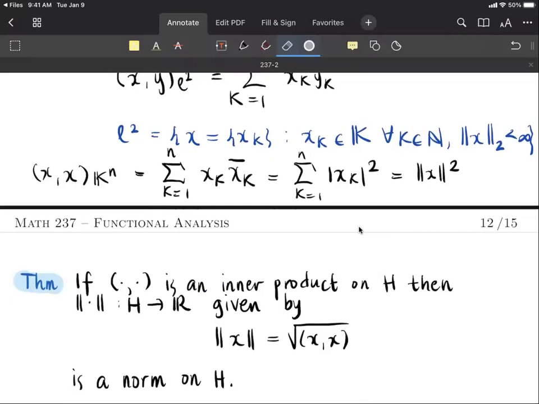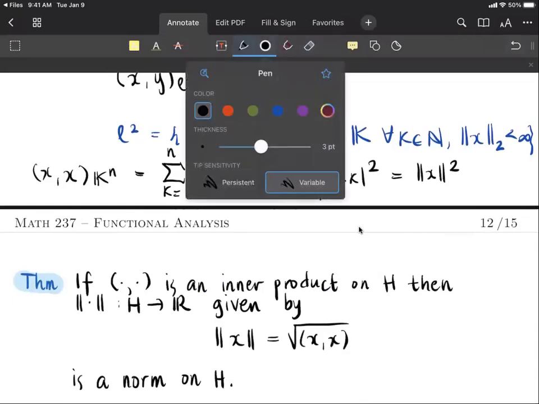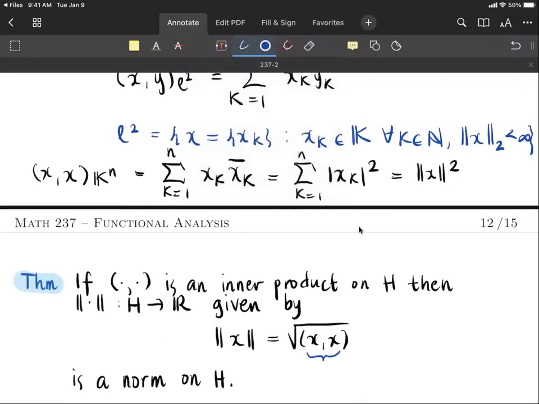Then this is indeed a norm on H. Well, one has to be careful here. What do you mean by this square root? Take note that for an inner product, this is always non-negative. So here we take the principal square root, wherein we take the positive value.